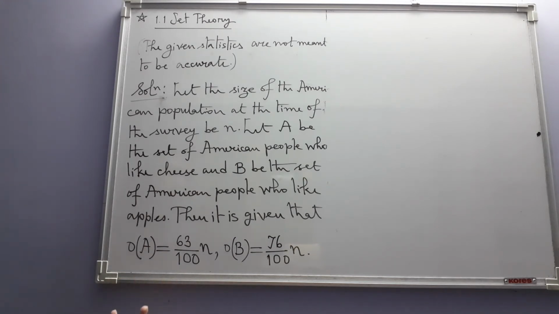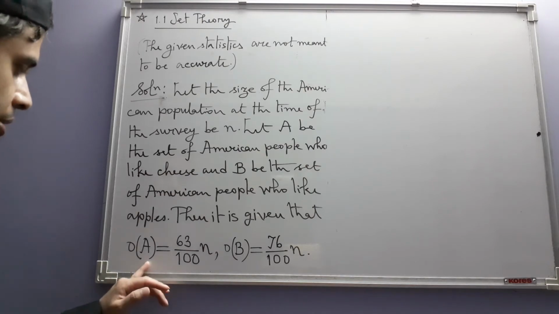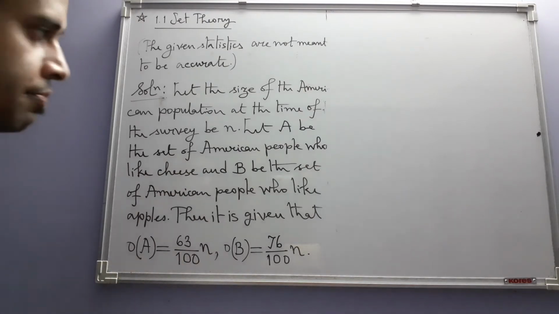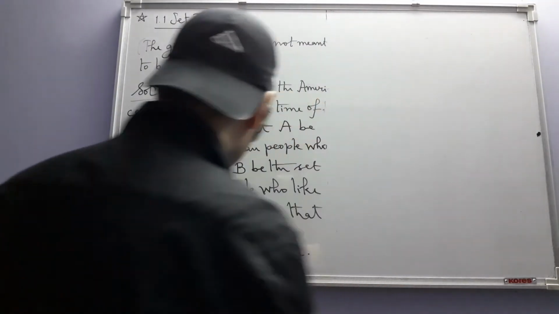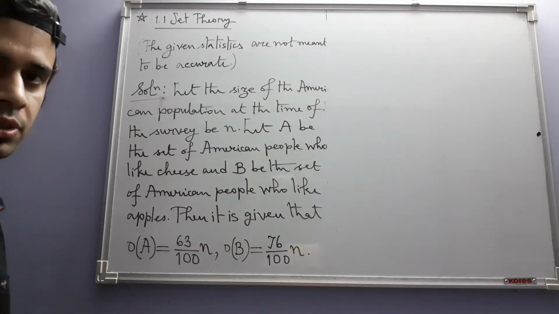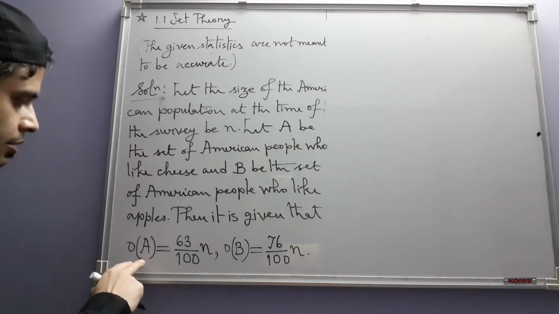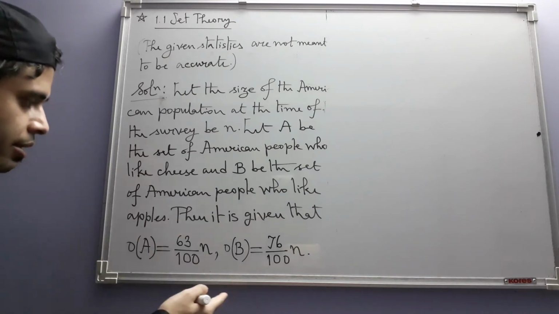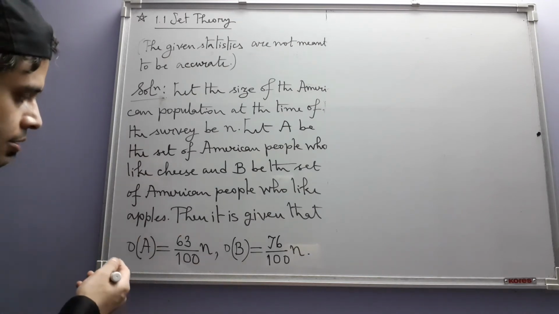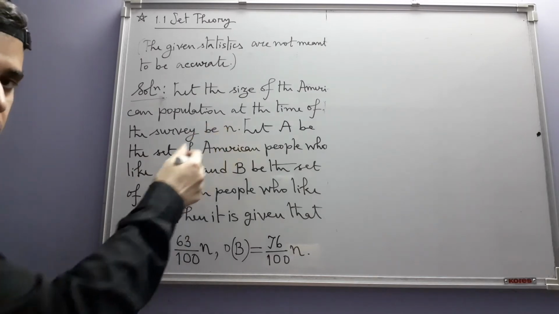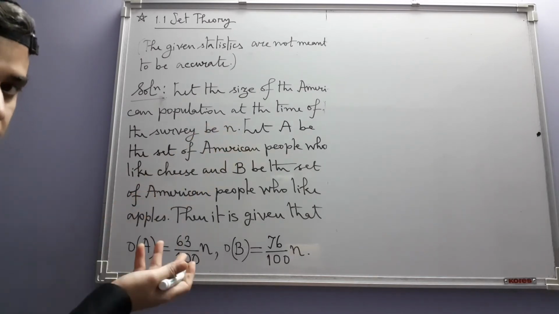But there may be some people who neither like cheese nor like apples. So the total population is actually bigger than A union B. And we don't really know the size of A union B. The only thing we know is that the number of elements in A union B is at most n, because n is the total size of the population.